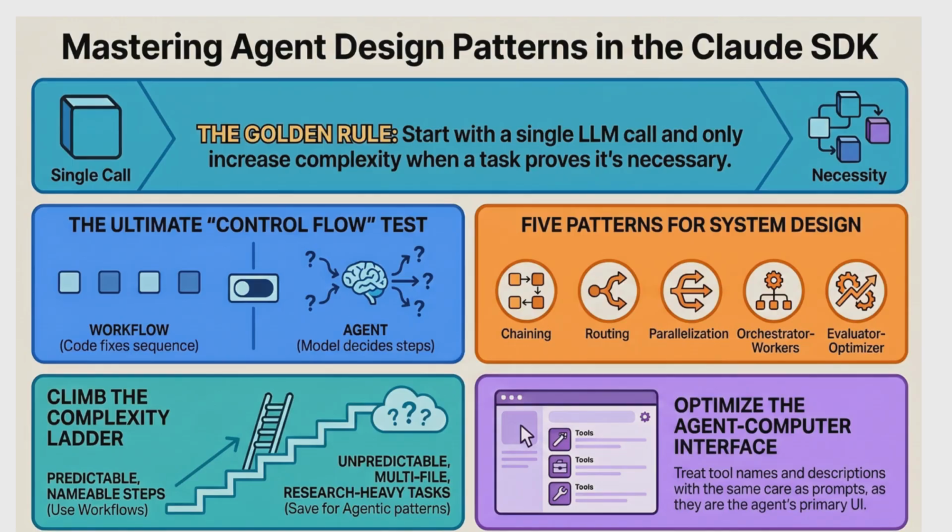The SDK is a powerful hammer, and a hammer in skilled hands is still only as good as the carpenter's eye for which problems are nails. The best vocabulary for that eye is Anthropic's own, from the Building Effective Agents guide. It lays out a handful of composable agent design patterns and one piece of advice that matters more than any of them.